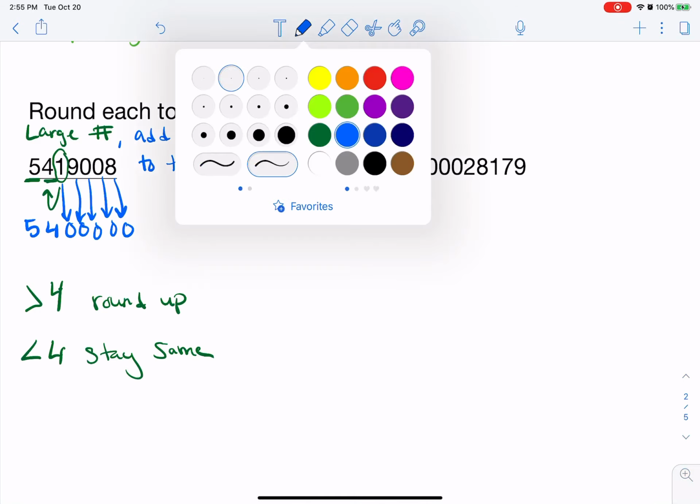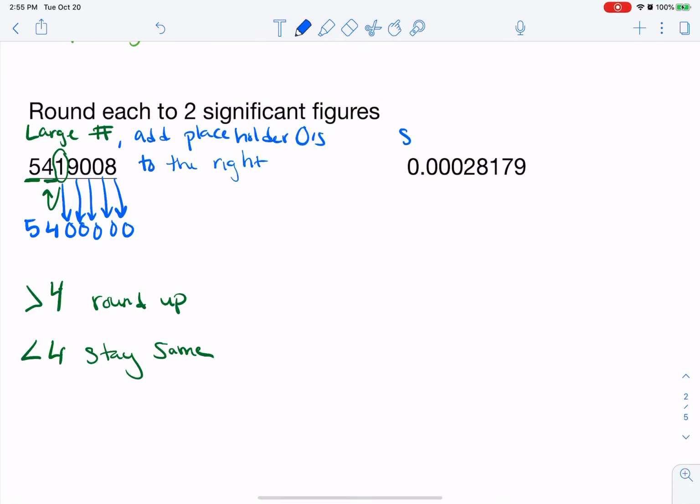Okay, let's look at this other one here. This is a small number. Okay, so here we are going to start counting after the first non-zero. So we're going to count here, 1, 2. Okay, now this is the one that's going to decide, does it round up or down? And it's the same, so it's staying, okay? And so this would become 2, 8. Now, for a small number, we can just get rid of what's left on the right.